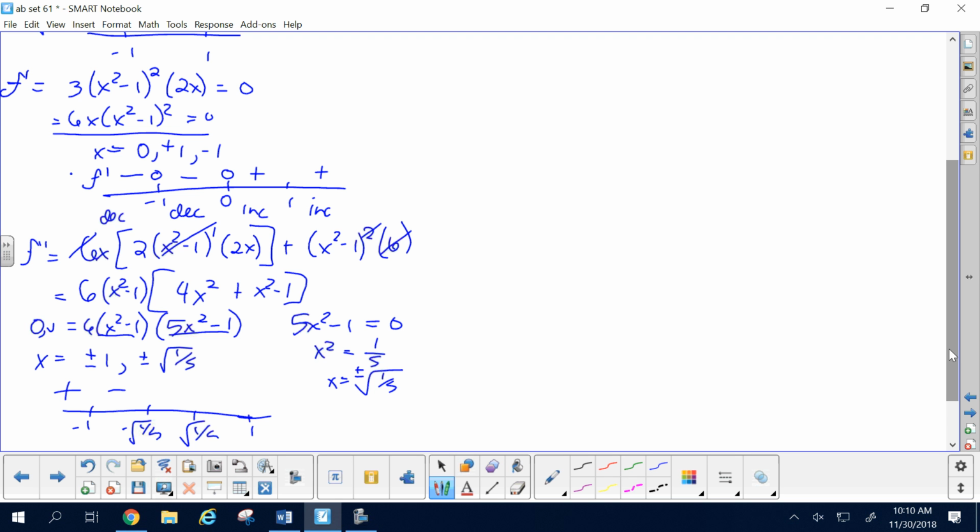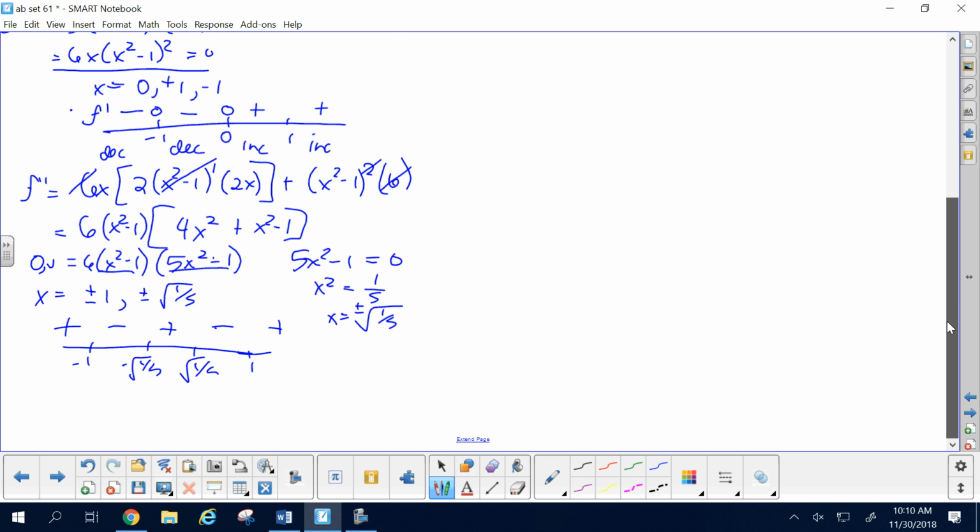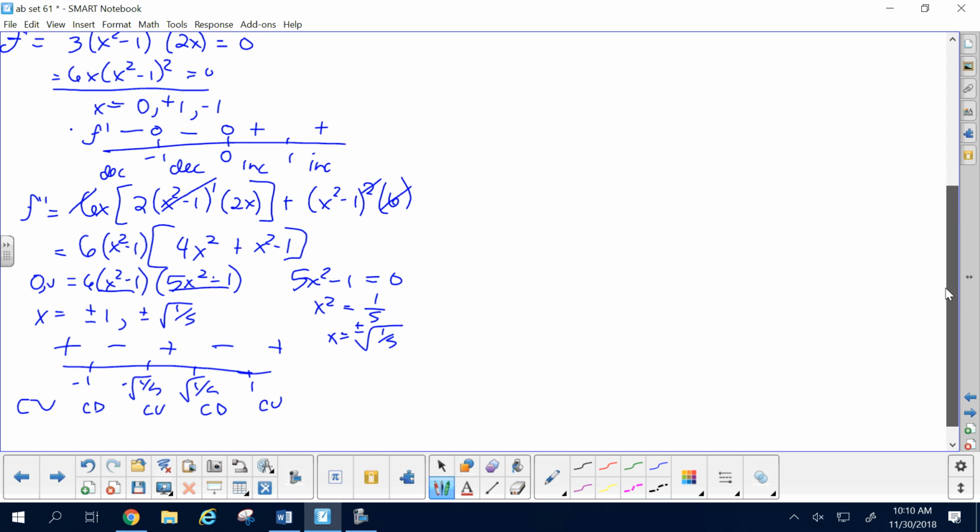If I went to 0, I get 6 times -1 times -1. That's positive. After I get past root 1/5, it would be negative times positive, so that's negative. And after 1, positive. So that implies that the curve is concave up, down, up, down, up, and I have 4 inflection points. Are you with me? Yes.